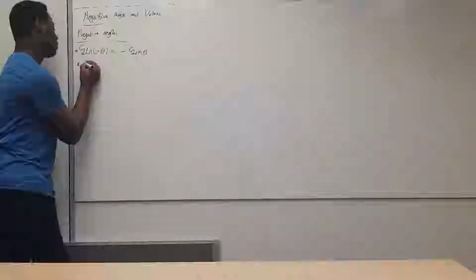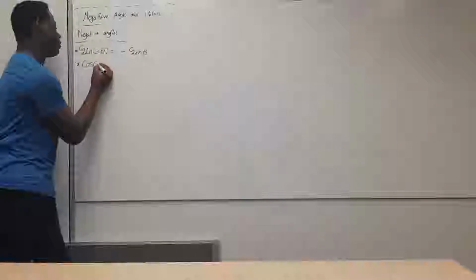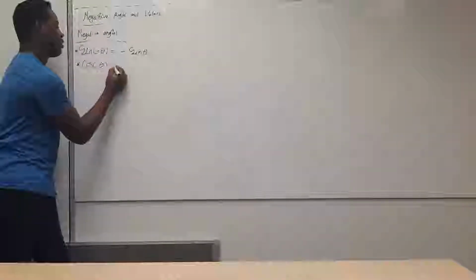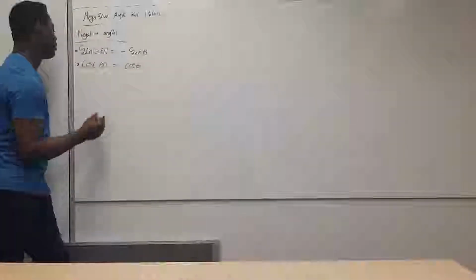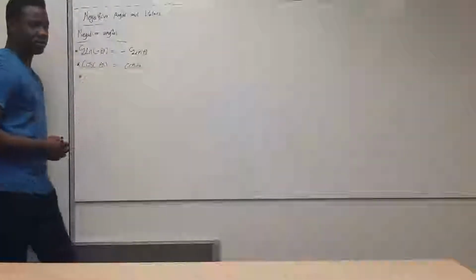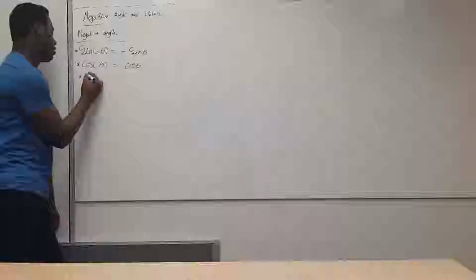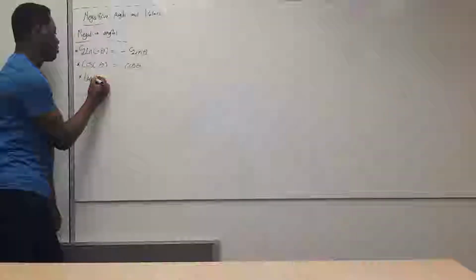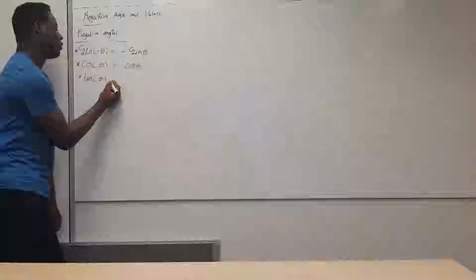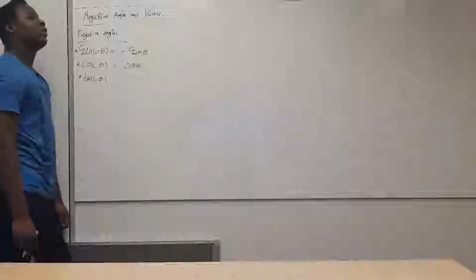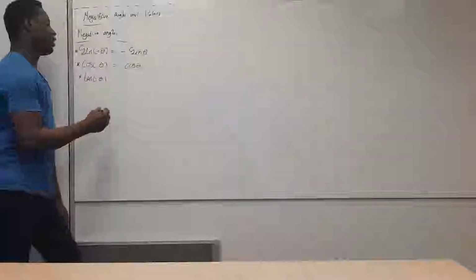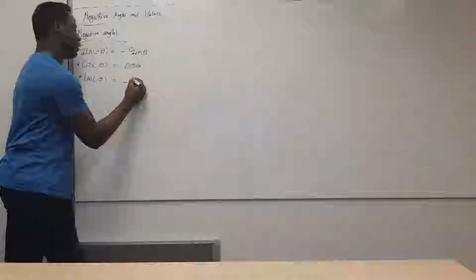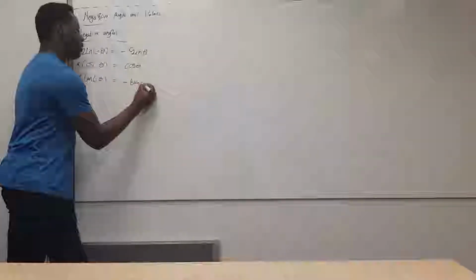Secondly, we talked about cosine of a negative angle being equal to cosine of the angle. If we have tangent of any negative angle, it is equal to negative tan of the angle.